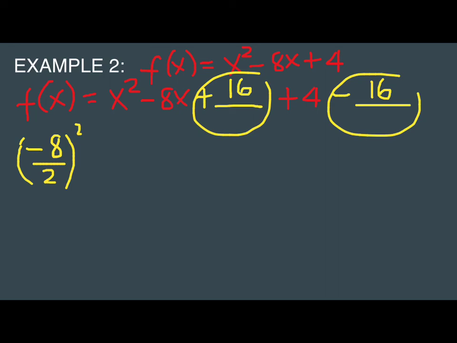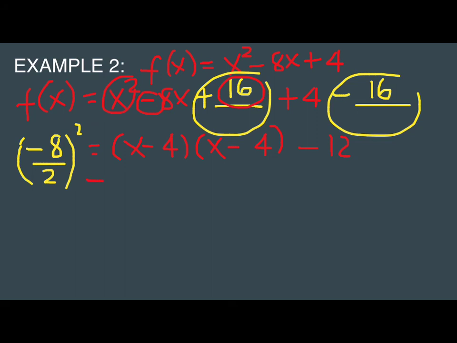Now we're going to factor this out, so we have x and x, the square root of x squared. Then the square root of 16 is 4 and 4. We'll use the sign in between, so it's minus and minus. And then positive 4 minus 16, the answer is negative 12.